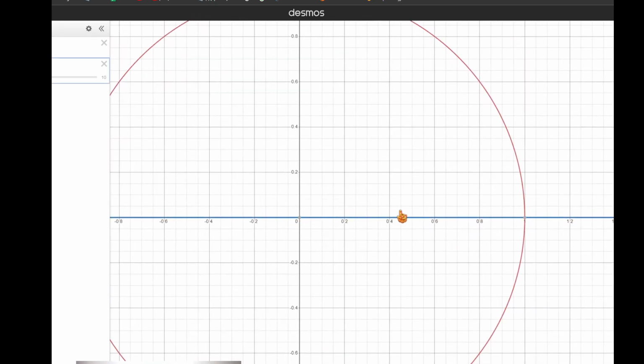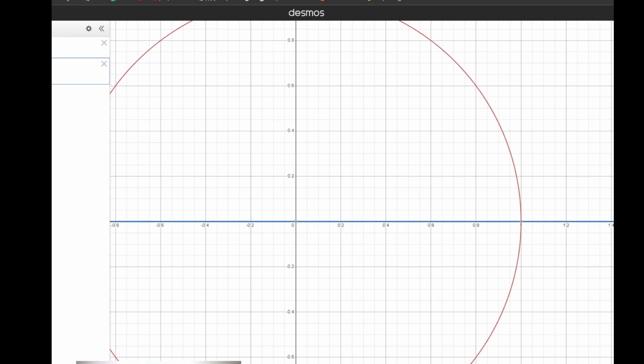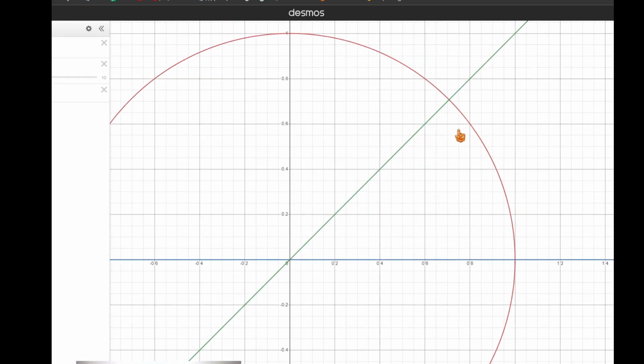Okay, so basically, what if we had y equals x? This makes some angle, right? And then we have x equals 1, and let's try y equals 0.6.